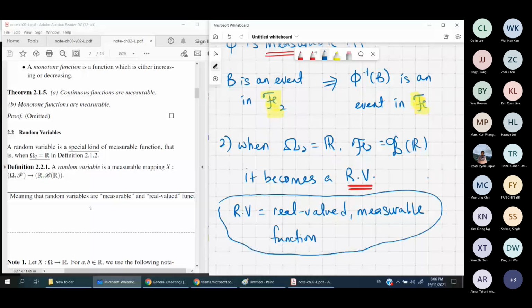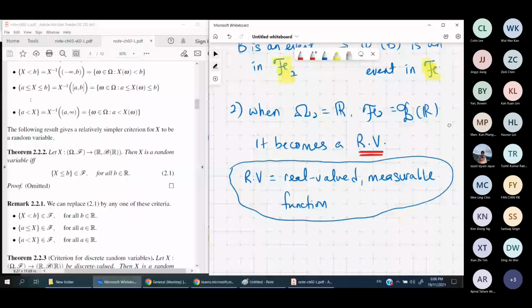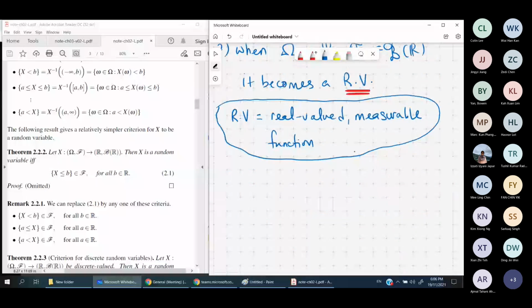However, we do have a much easier way to verify whether a given function is a random variable or not, which is this theorem that is more useful. So I'm going to combine all this together. Number 3. I'm combining theorem 2.2.2 together with this remark.